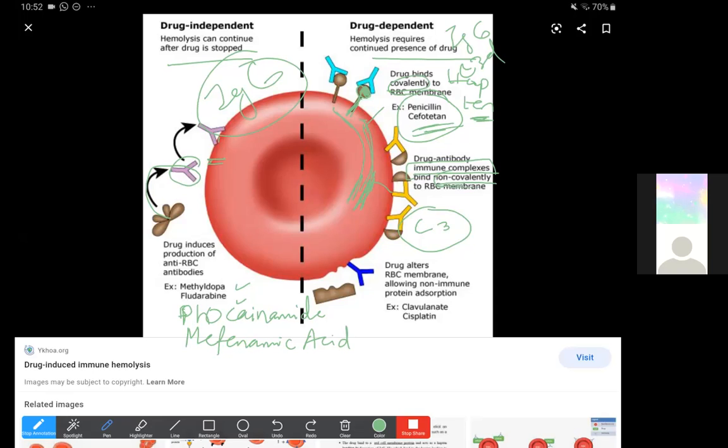Only when the serum is tested for these antibodies would it react, and only in the presence of a drug or its metabolites.